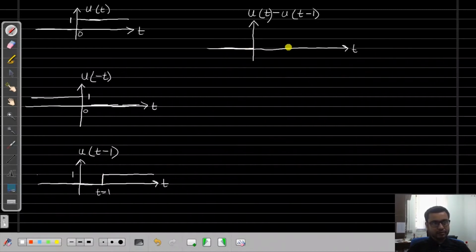After t equal to 1, this is 1, this is also 1. So the difference here will also be 0. But in the region 0 to 1, the difference between this and this will be 1. Because this is 1, this is 0, 1 minus 0 is 1. So this is how this signal will look like a box. This is sometimes called a gate signal.